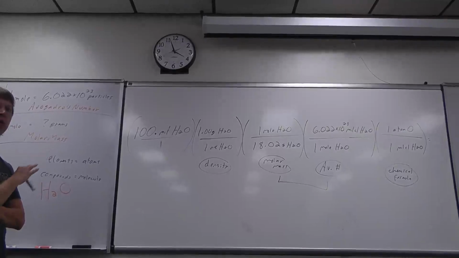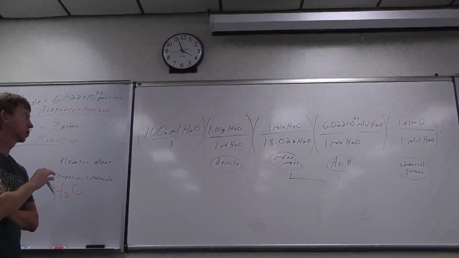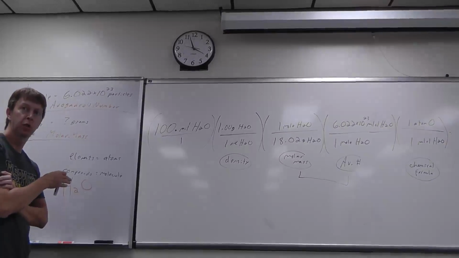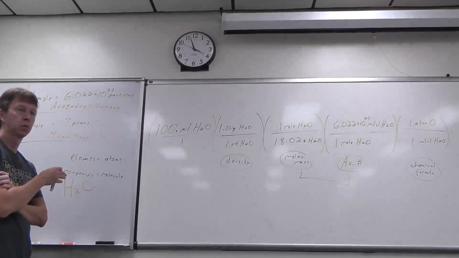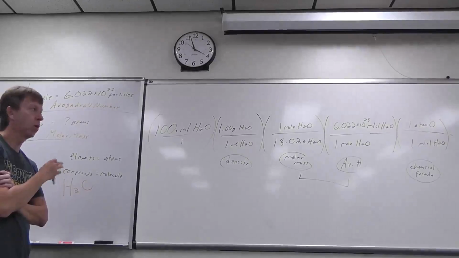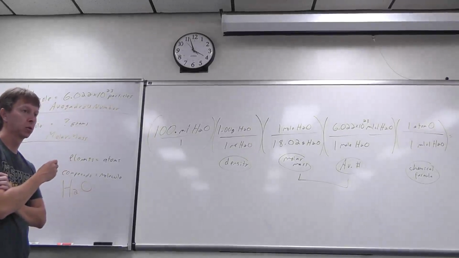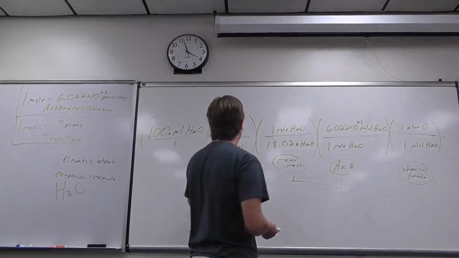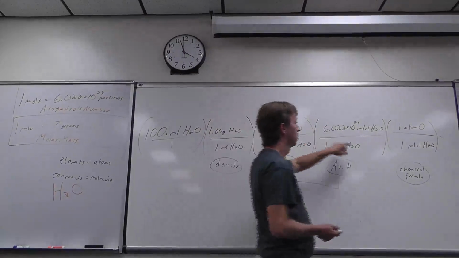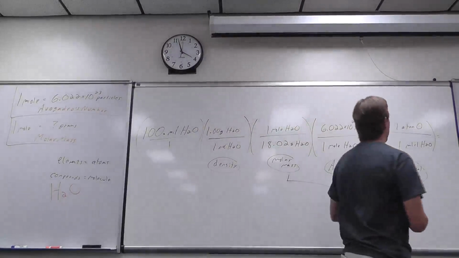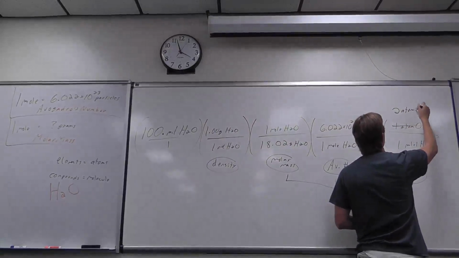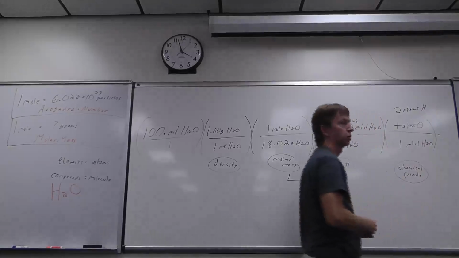What if, just for pretend, you were asked 100 milliliters of water contains how many atoms of hydrogen? What would this change? We change one atom to 2 atoms of hydrogen. Very good. It wouldn't change anything until here. And at that point, we'd be saying each molecule of water has 2 atoms of hydrogen.